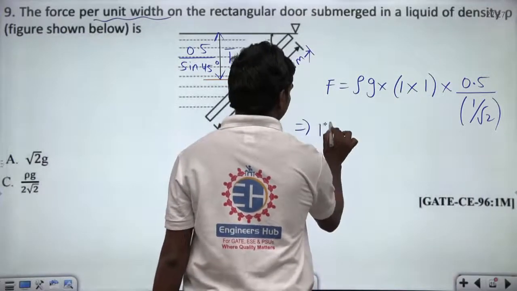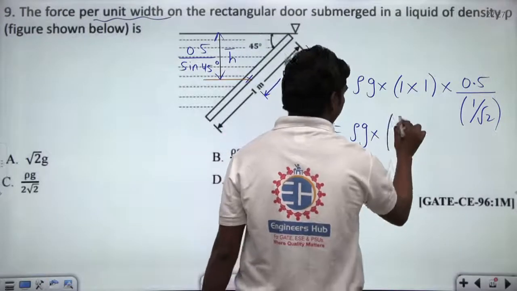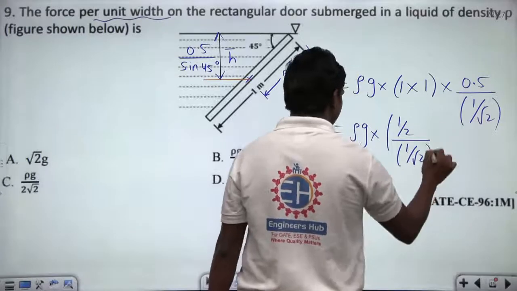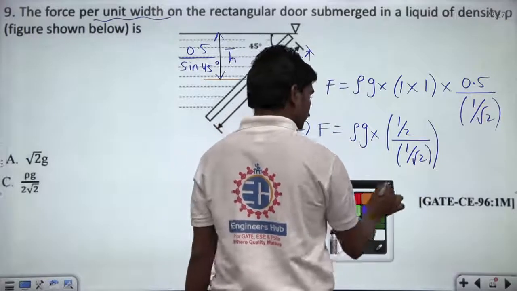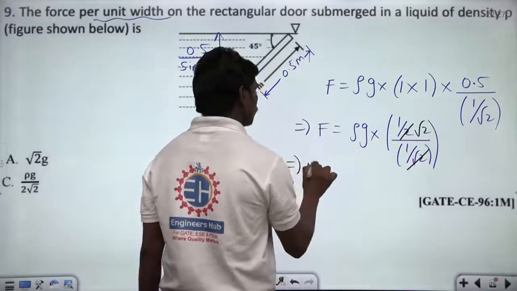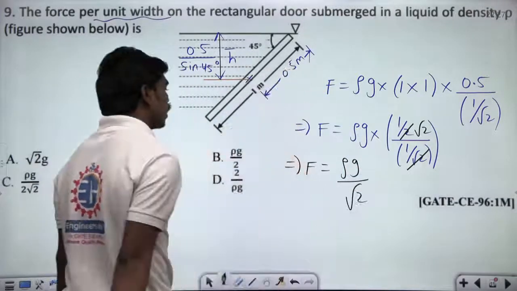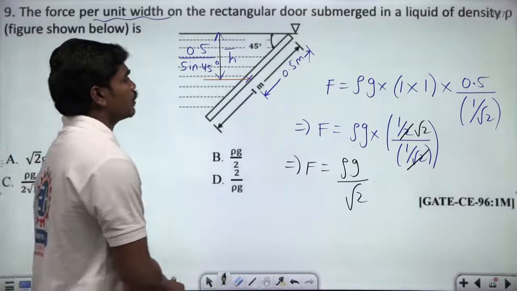So F is equal to rho G into this 0.5 can be written as 1 by 2 divided by 1 by root 2. Okay, so now this will get cancelled, and if this is root 2, then F is equal to rho G divided by root 2. This is the force on this plate by unit width, which you can see is rho G divided by, I think we missed 1 by 2 here somewhere.